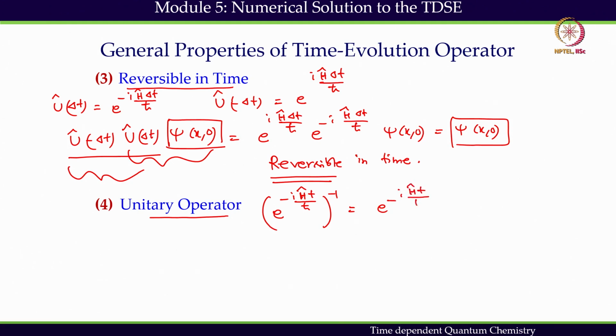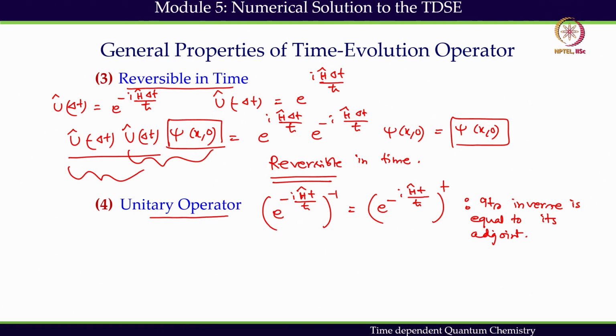That's the definition of a unitary operator, which we have seen in the previous module, module 4. So its inverse is equal to its adjoint. We'll prove that.